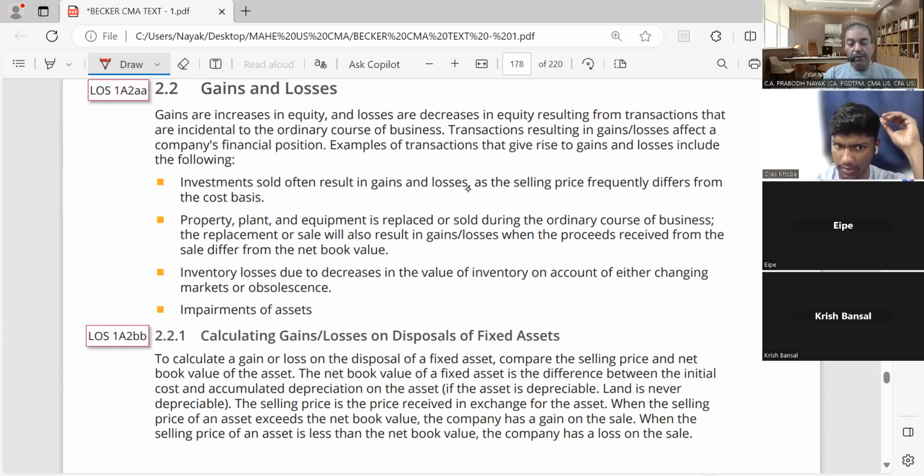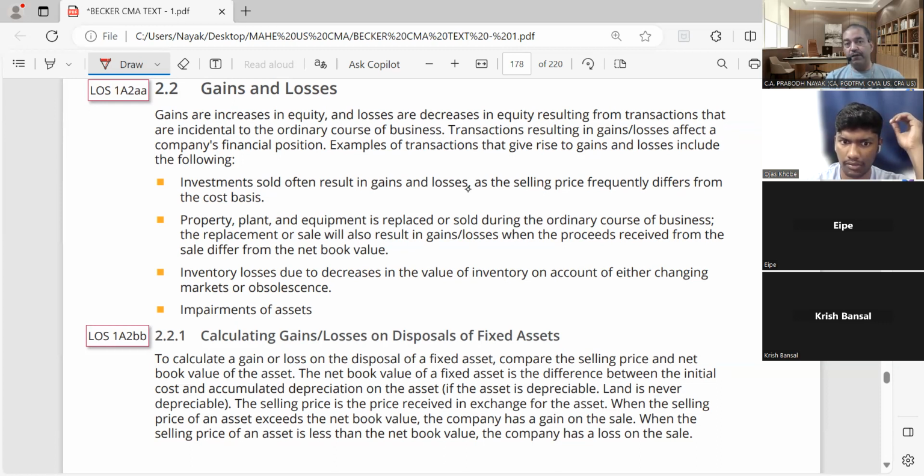The replacement or sale will also result in gains or losses. So investment sold, property and plant sold, inventory sold, any type of asset which is sold will result in a profit or a loss. When you compare the book value of the asset with the selling price of the asset, that difference will give you the profit or the loss. So that is your calculation.